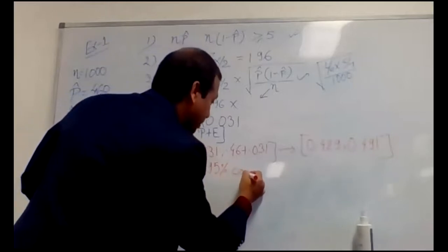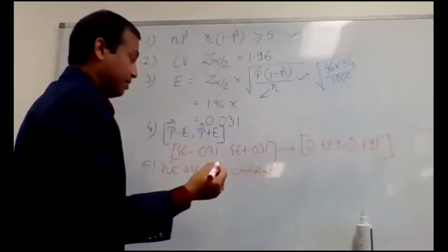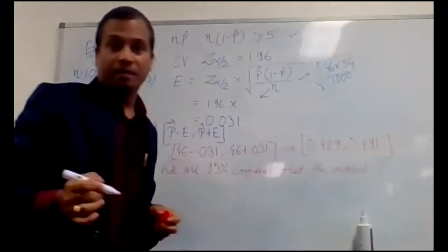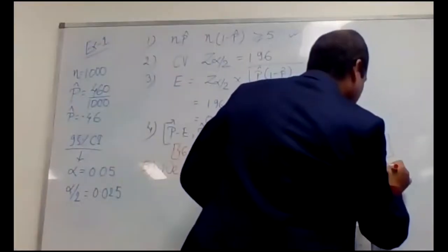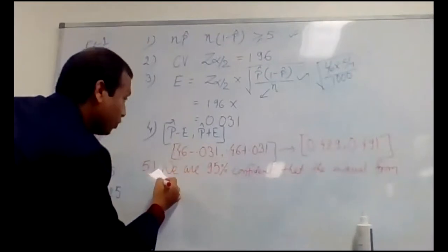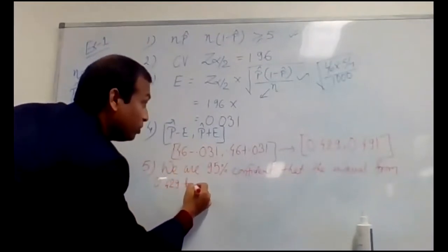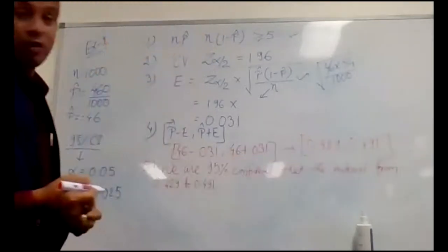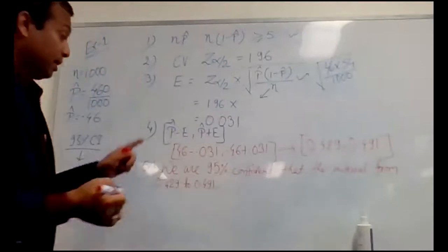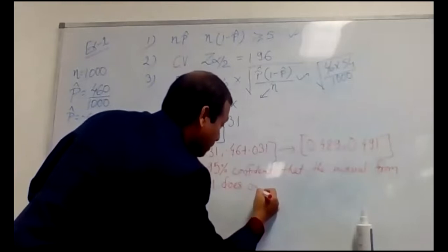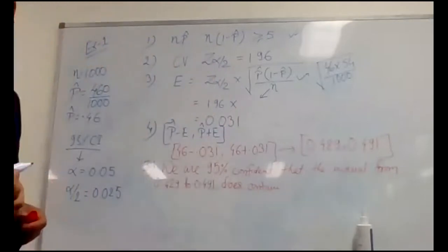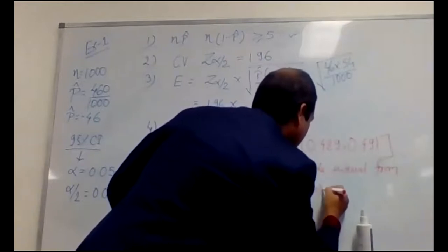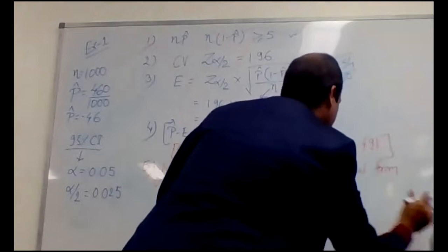We are 95% confident that, try to write it in your own sentence, the interval from 0.429 to 0.491, that's what we got, right, does contain the population proportion.